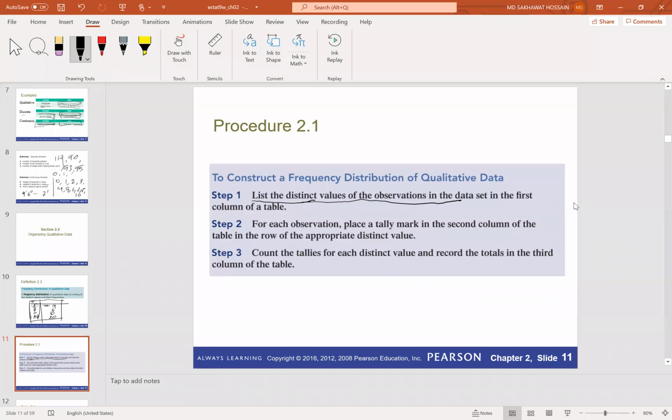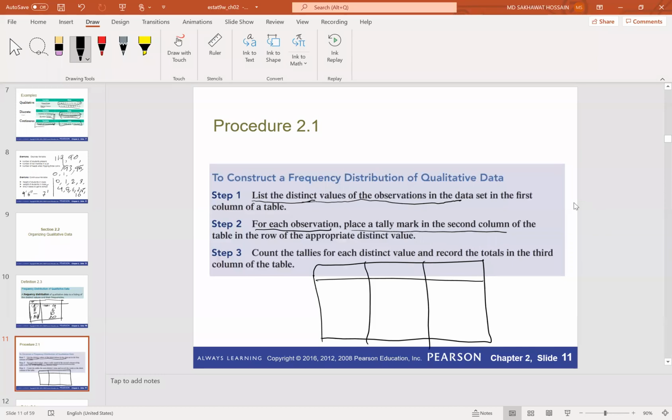Then in step 2, for each observation, place a tally mark in the second column of the table in the row of the appropriate distinct value. That means if you need to count the frequency, to count this, we use tally marks. So here, this is the variable name.